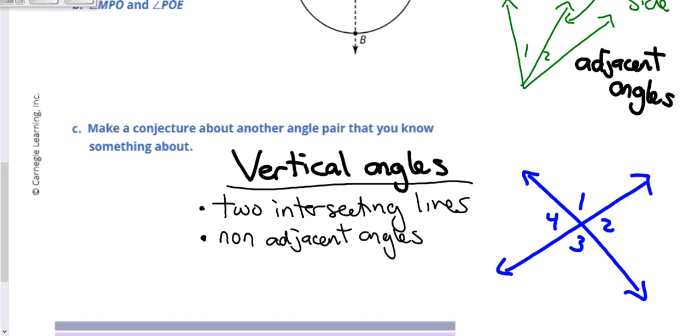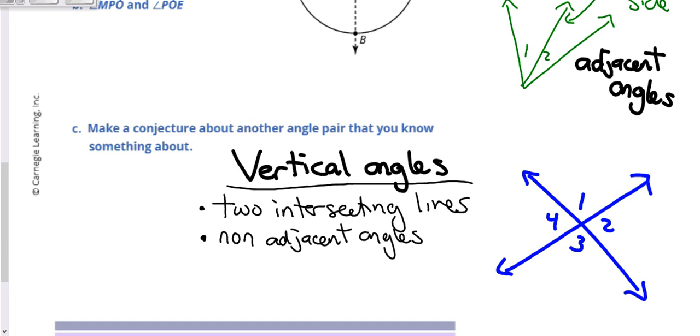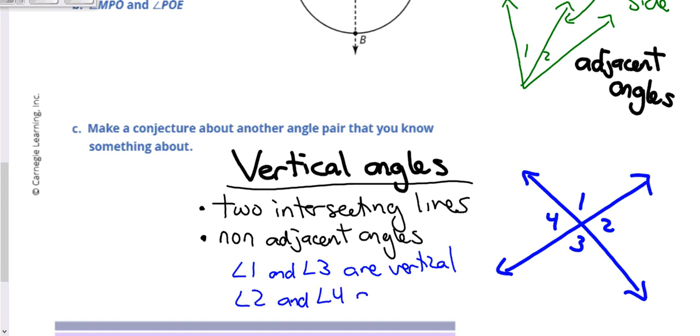So for our example here, angle 1 and angle 3 are vertical angles, and angle 2 and angle 4 are vertical angles.